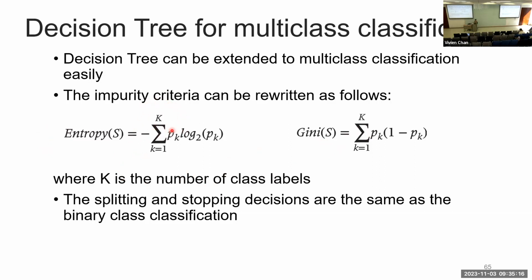That means if you simply substitute k equals 2, it will be the same as the binary class. The calculation for splitting a node is still the same. For entropy, we calculate the information gain, and for Gini, we prefer a lower impurity after splitting the node. So the idea is the same, it's just that the formula becomes a generalized formula. So it is also very easy to extend to multiple classes.